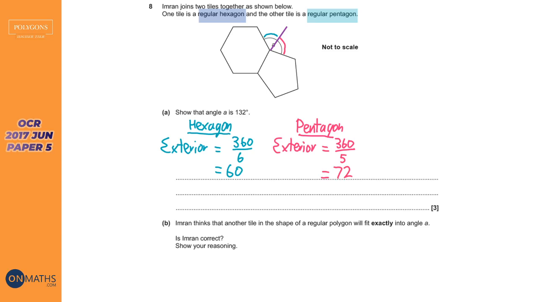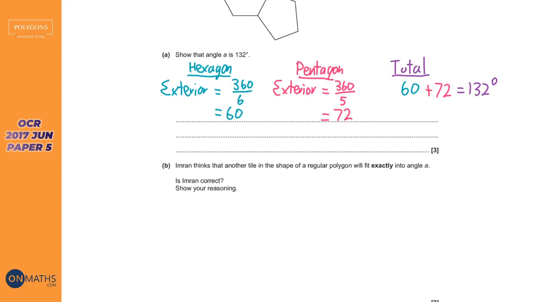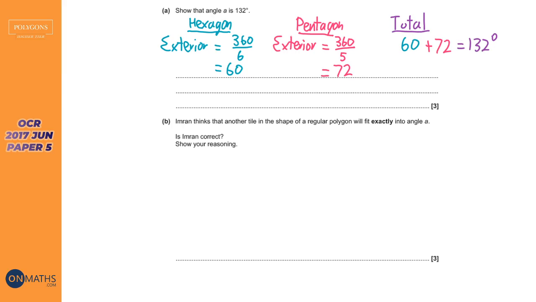And then we want to work out the total. So the total will be the 60 plus the 72, which is going to be 132 degrees. Nice and easy. Okay, so the second question is actually much more difficult, only because we've got to do some calculations.